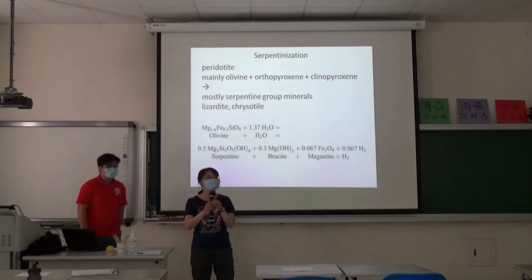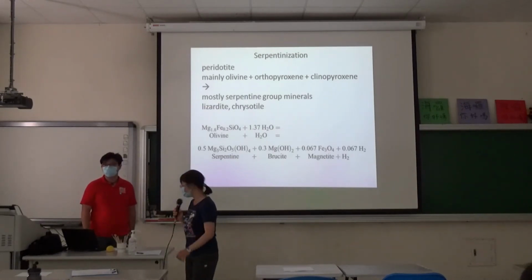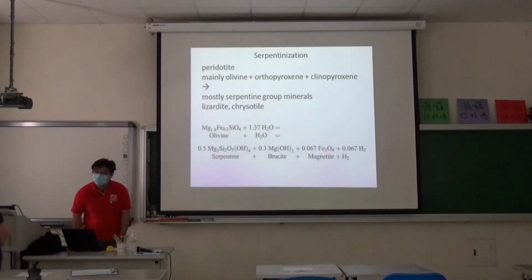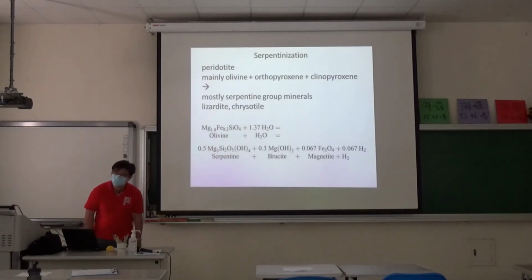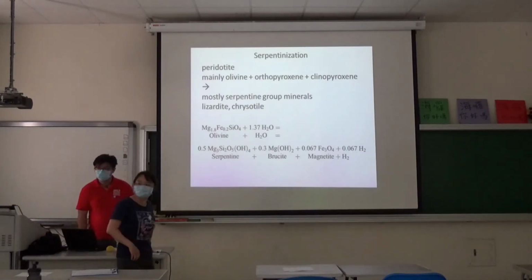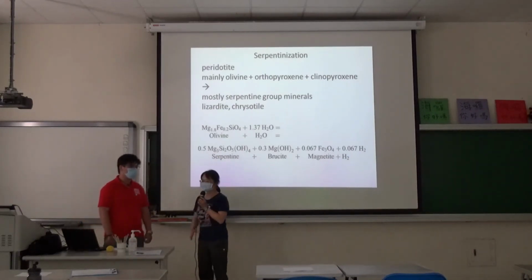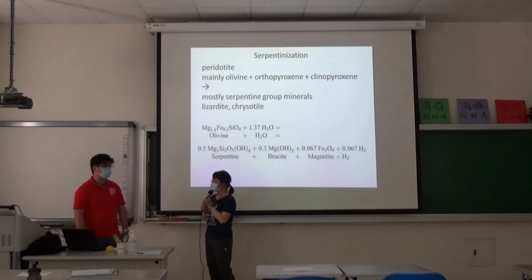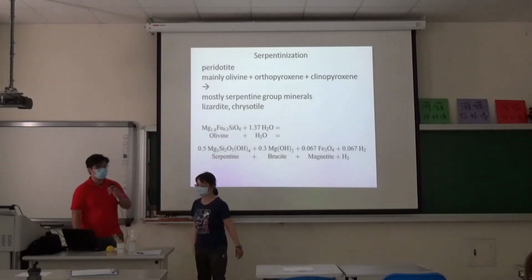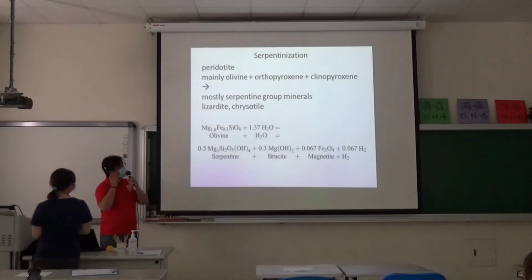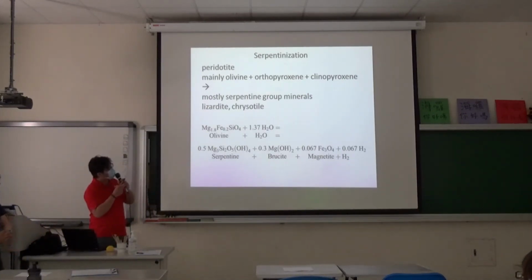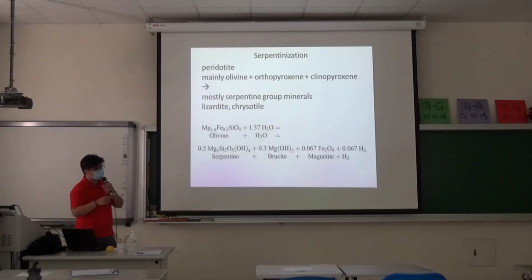Okay. B student. Ethan. What is the condition to happen the serpentinization? Is this a high temperature or high pressure? Okay, what's the PT condition for serpentinization? Can we have this at room temperature? I remember the temperature is higher than room temperature.